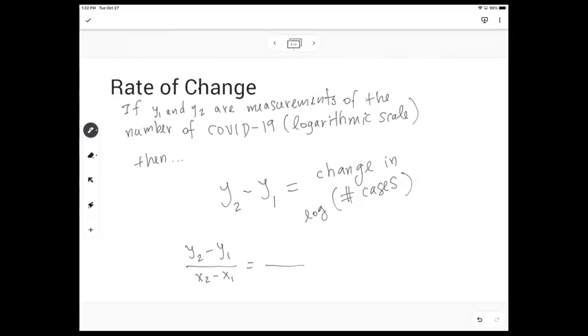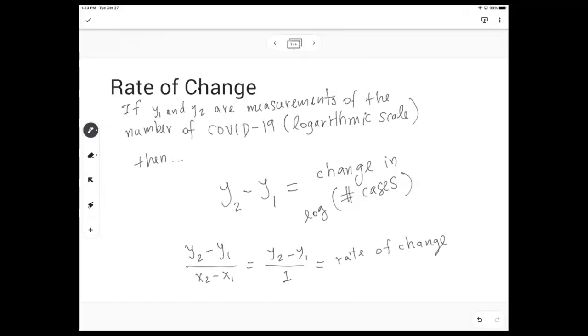That difference between the days of the actual measurements is going to be equal to 1, and so we're going to have something like y2 minus y1 divided by 1. So this whole thing is denoting the rate of change.